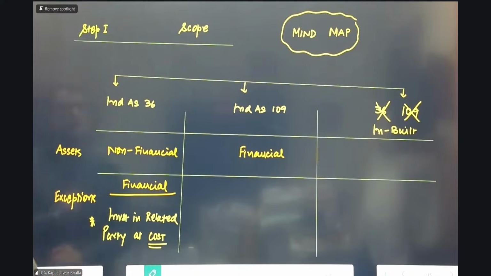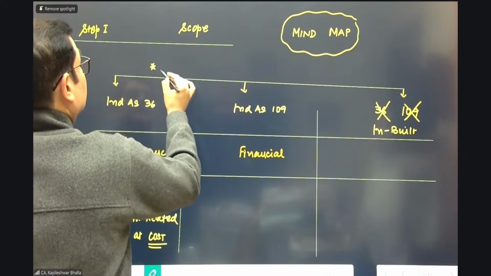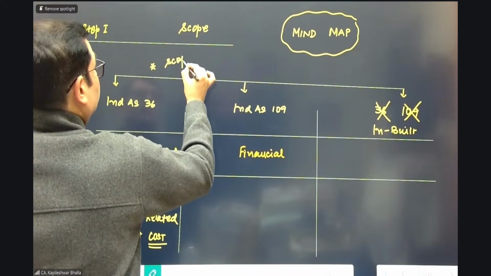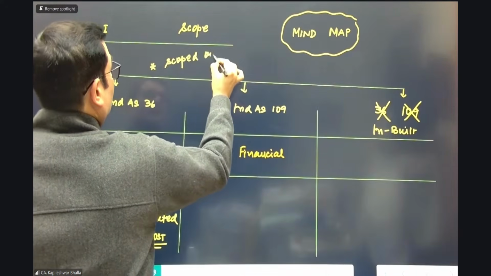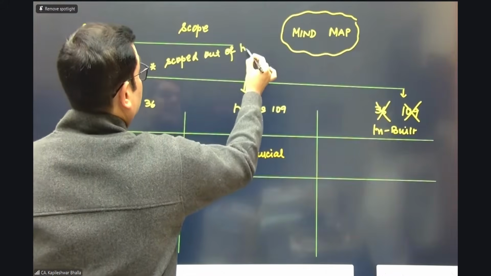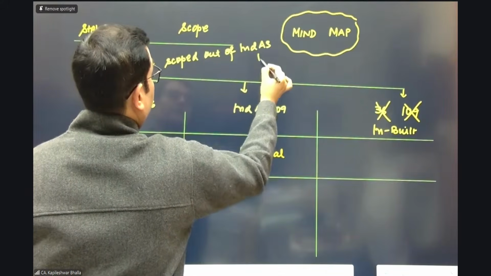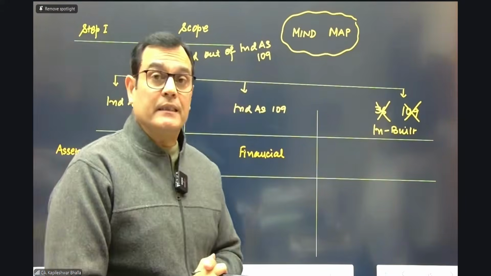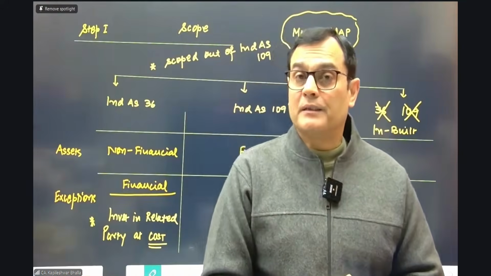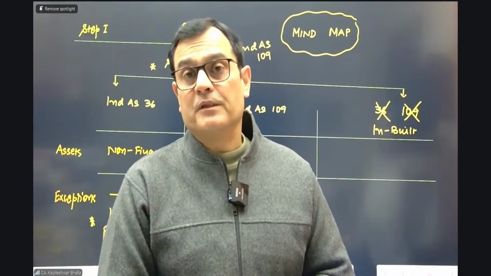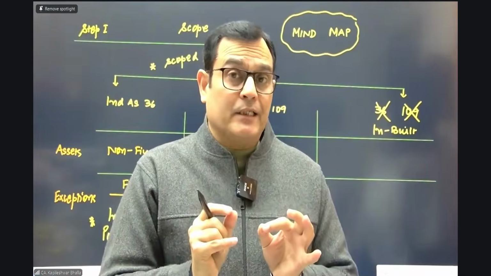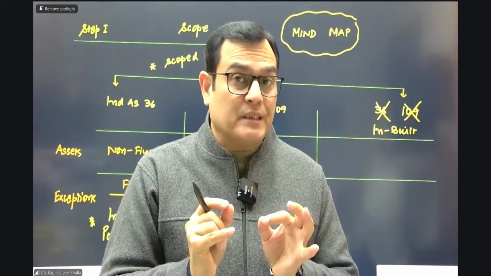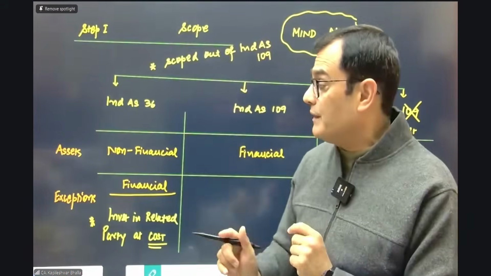Just to give you the reference, this is scoped out of Ind AS 109. Ind AS 109 does not cover equity investments in related party. So since the equity investments in related party is not covered under the purview of 109, you would consider Ind AS 27.